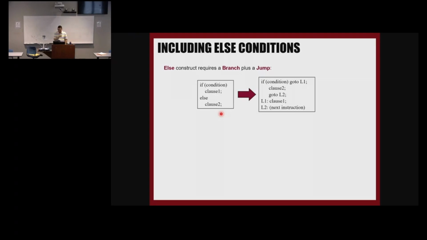Another way of doing it in MIPS, which is closer to MIPS, is that if this condition is met, go to L1, and in L1 do clause 1. But if it's not met, it just goes to the next line, which is else. And we do clause 2, and then we jump to L2.